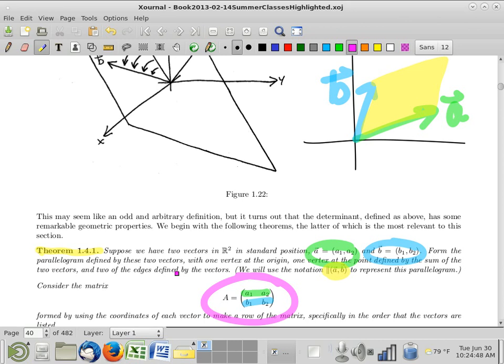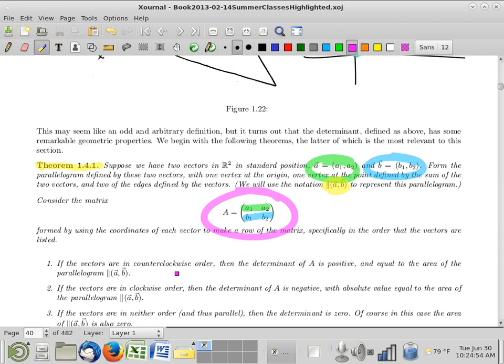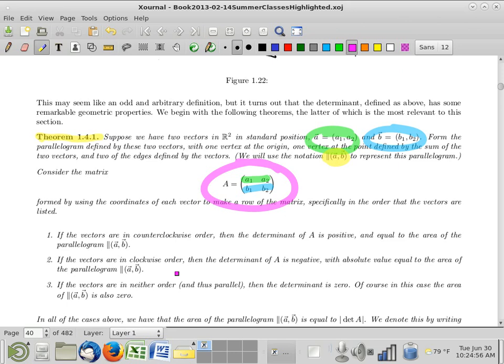The algebraic representation of what we're given versus the geometric representation. And here it is. It's pretty weird, really. But there's different possibilities as to whether the vectors are in counterclockwise order or clockwise order or neither. Those are the three possibilities. And the thing is, if they're in, I'm running out of colors.